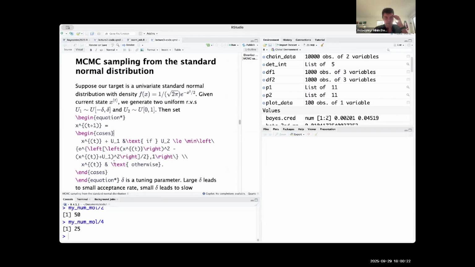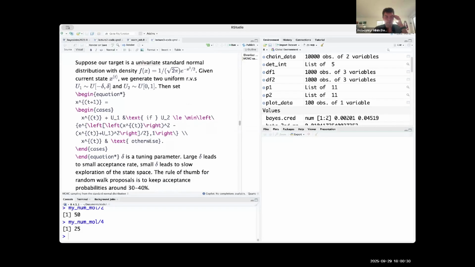It for some reason doesn't render in RStudio.